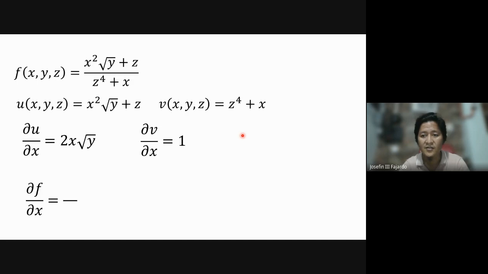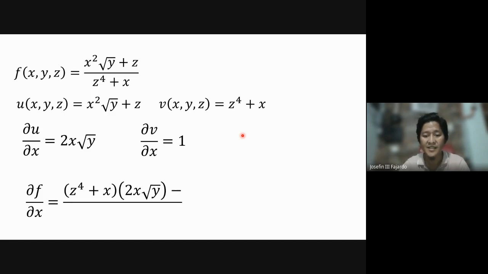So, we copy this, yung z squared, in parentheses. And then, we multiply with the partial derivative of u with respect to x. So, ito siya. Bigyan na rin natin ng parenthesis. Minus.